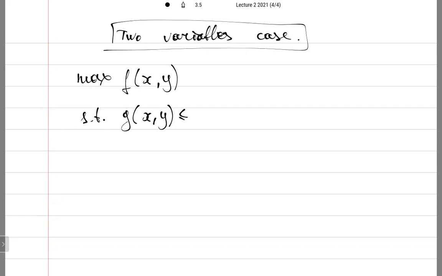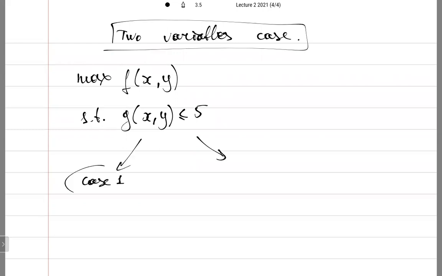You may put b there, but the logic will be the same. So once again, I may consider two cases. First, I will consider two cases, and then I will combine them into one system of equations and inequalities.